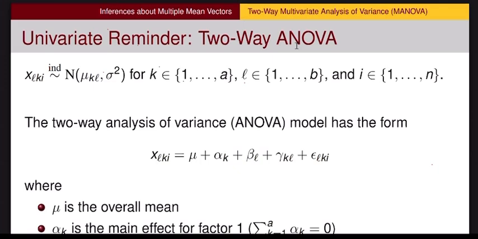Okay, but in a two-way ANOVA, I am actually having two variables. This is what I want to do for univariate. Remember, I'm only looking at one response but two categorical factors. One response, two categorical factors.